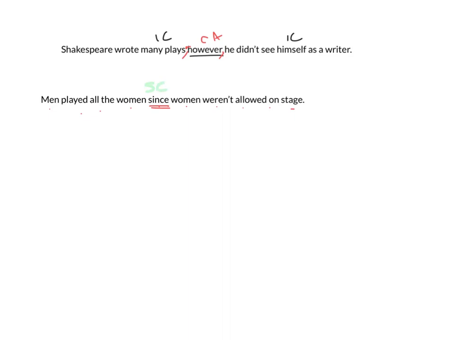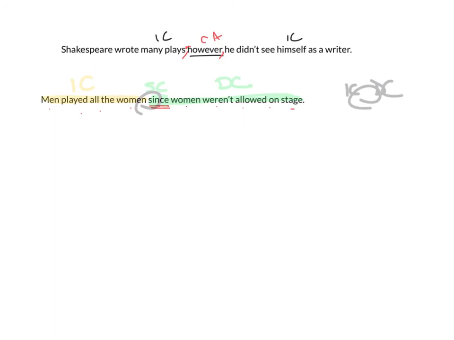Flippy-floppies are created by subordinating conjunctions. The subordinate is whatever the subordinating conjunction is in front of. So this is my less important idea. This is my main idea, my independent clause. And if I have ICDC, guess what? I don't need anything in the middle.